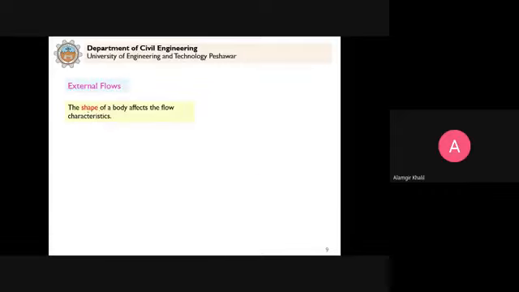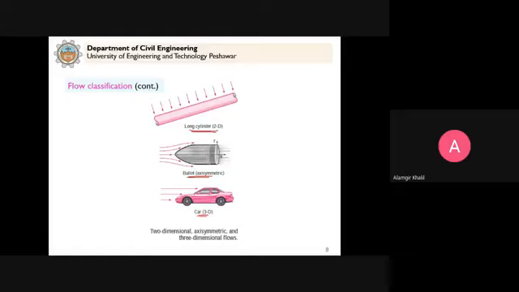Now, in external flow, the shape of the body affects the flow characteristics. As you can see here, when the shape of the body is different, it can affect the flow characteristics.